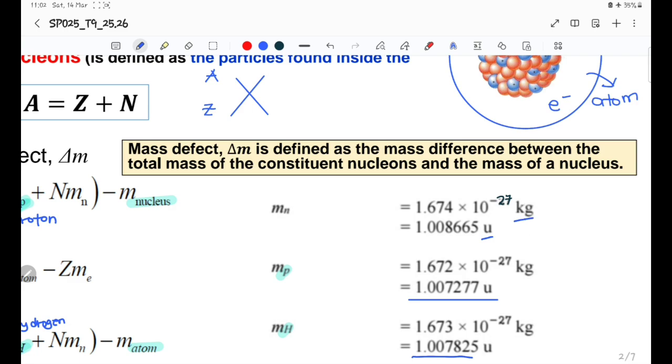Okay, so if you notice, there is a slight difference between these 3 masses. Okay, 1.674, 1.672, 1.673. So therefore we will not be rounding off these values, and you are advised to use all the digits that are provided in the question, given that the difference between the values is very small. So do not round off the value, and use all the digits that are given.